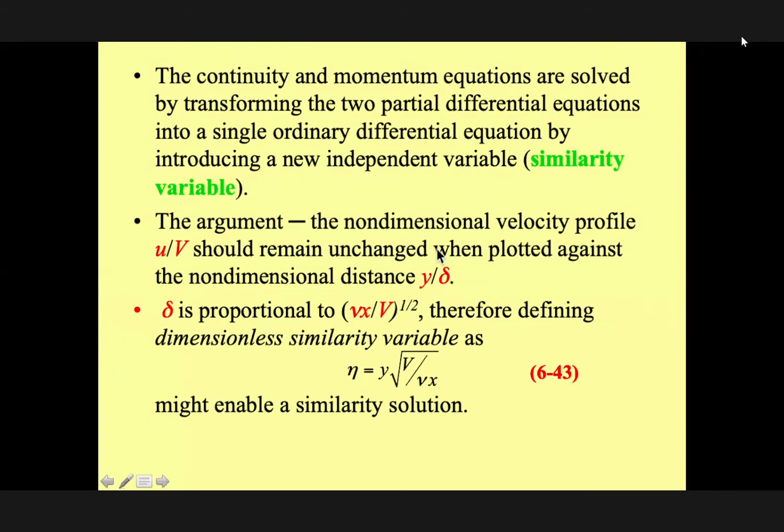Here it's mentioned that the continuity and momentum equations are solved by transforming the two partial differential equations into a single ordinary equation by introducing a new independent variable, the similarity variable. The same thing as a change of variable, okay? The argument is that the non-dimensional velocity profile should remain unchanged when plotted against this one.